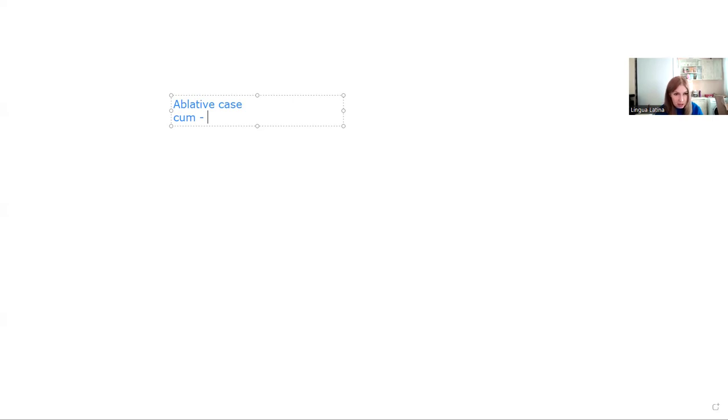If we use cum plus drug names, it requires the ending o, like with fluorinol, cum fluorinolo, with glycerin, cum glicerino.